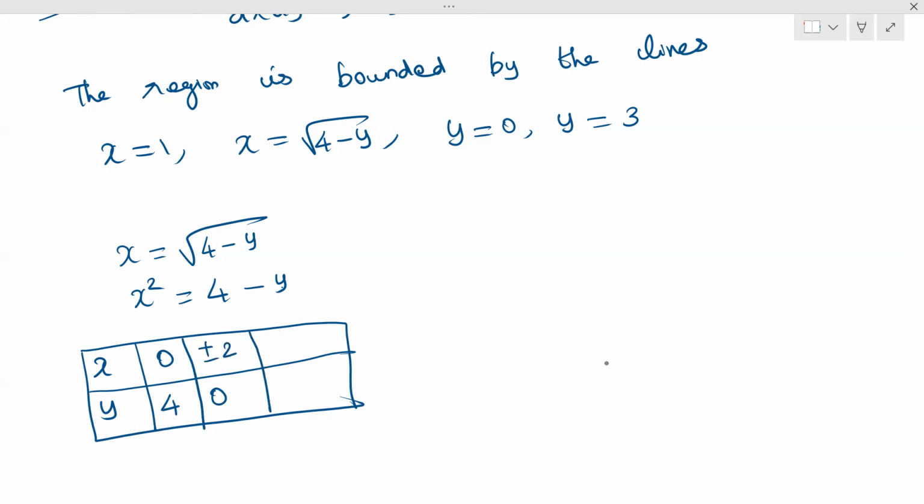Here we can put x equal to 1, because x equal to 1 is given in the question, then only we can find the intersection region. So substituting x equal to 1 gives y equal to 3. And x equal to minus 1 also gives y equal to 3.